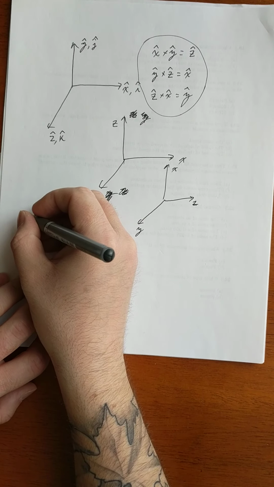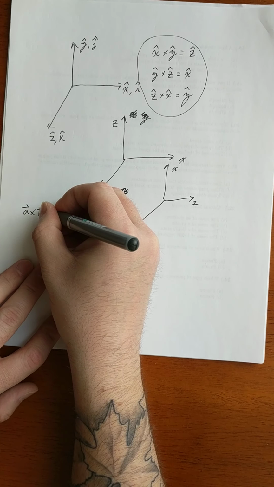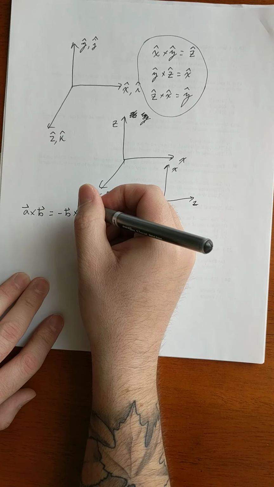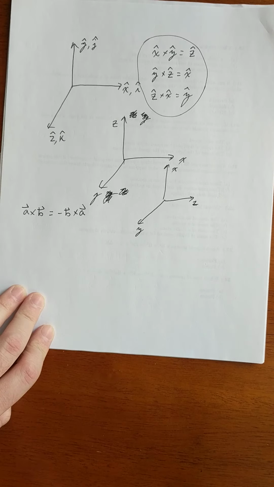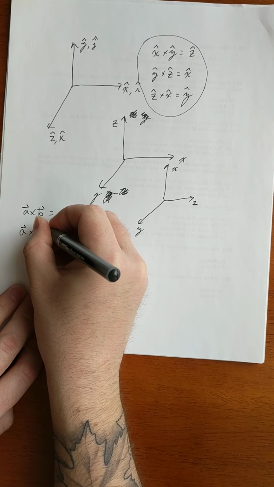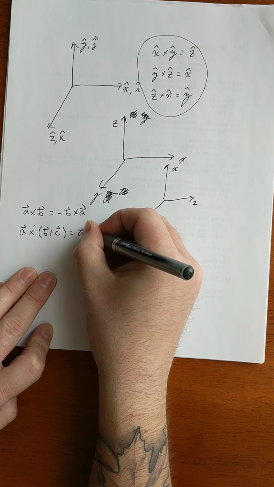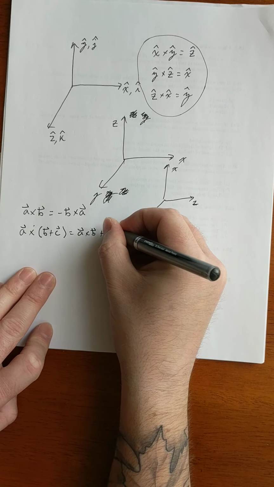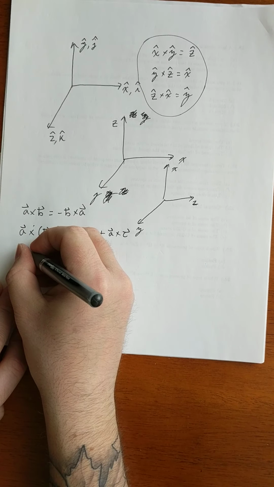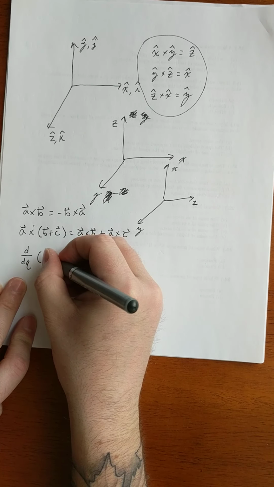The first one is the most important because it's different from the algebra you're used to: A cross B is equal to negative B cross A. The cross product distributes in the same way that you're used to. We take derivatives in the normal way, with a little proviso.